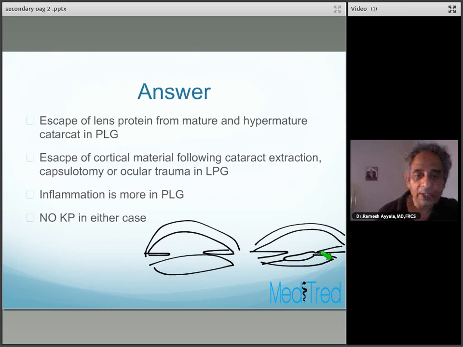Okay, so here is the phacolytic glaucoma where the capsule is intact, but the cataract is hypermature, and this lens protein is able to leak into the anterior chamber and get into the trabecular meshwork and block it. In these cases, you should be able to see the lens particles deposited in the pupillary margin. Sometimes you can see it on the corneal endothelium, and clearly on gonioscopy, you will see these white particles, fluffy material in the trabecular meshwork. It's not at all difficult to make a diagnosis.